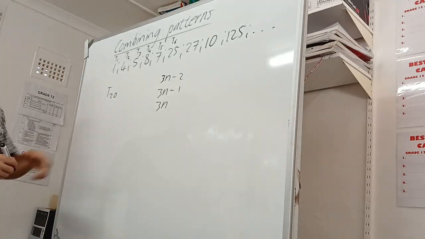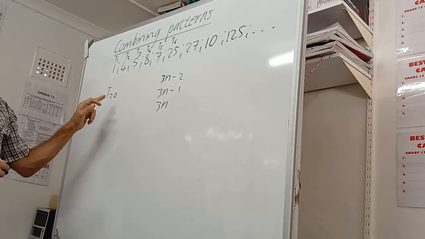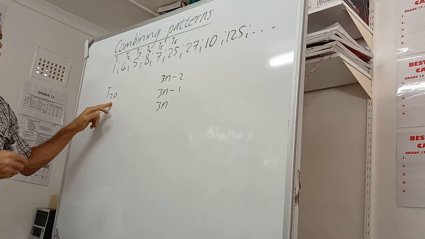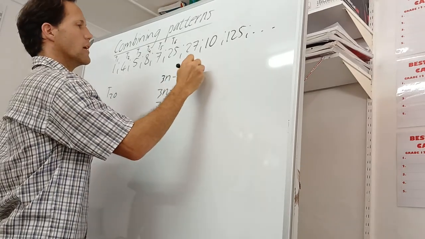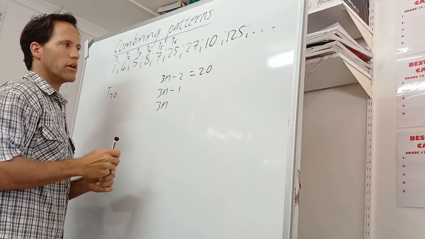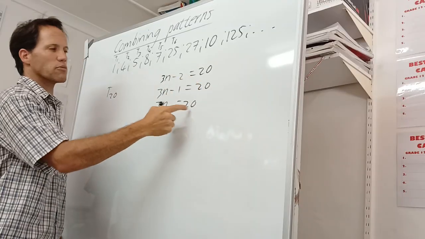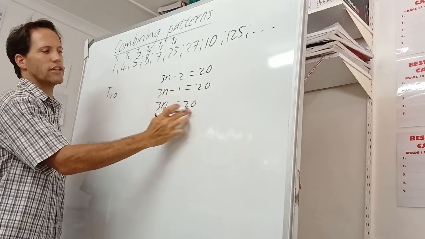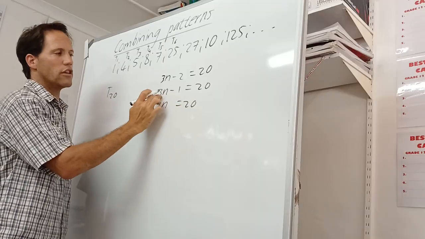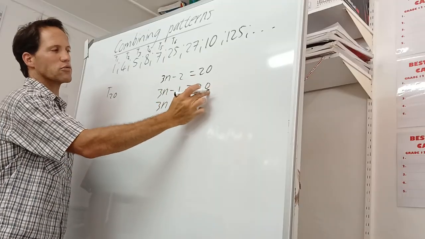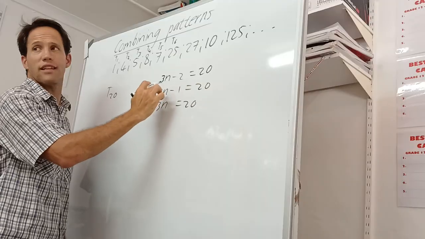So if you want to see which one is actually going to give term 20, you can see which one gives you a whole number. If I put 20 into each one of them, which one will give me a whole number? Obviously this one won't. 3n equals 20, I'm not going to get to 20 with this one. This one, if I take the negative 1 over, it's plus 1, and then it's 21 divided by 3.